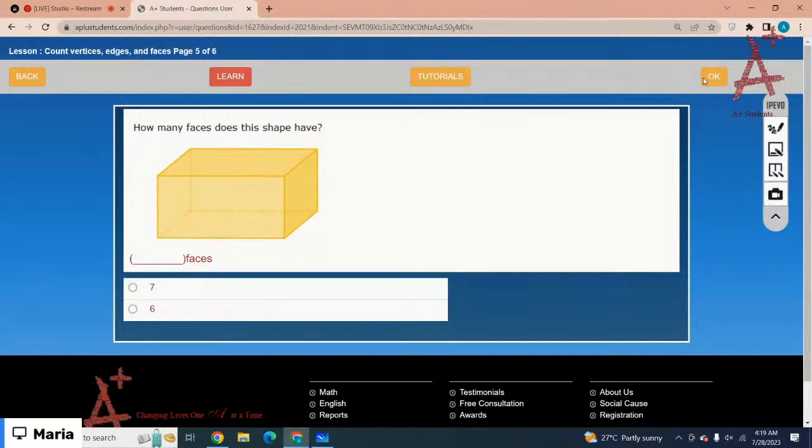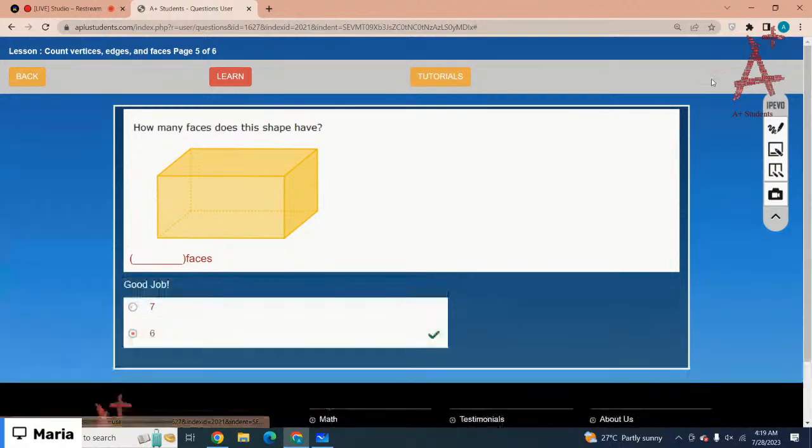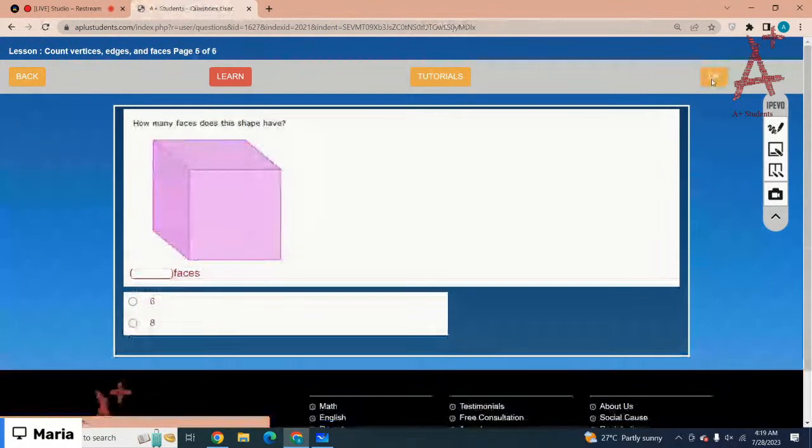The shape has 6 faces. So the correct option is 6. How many faces does this shape have? The option is 6.